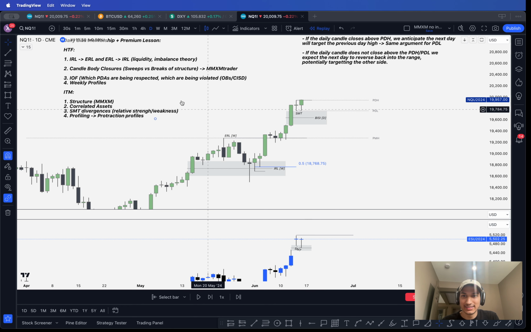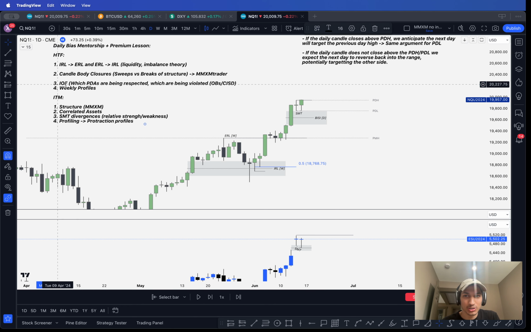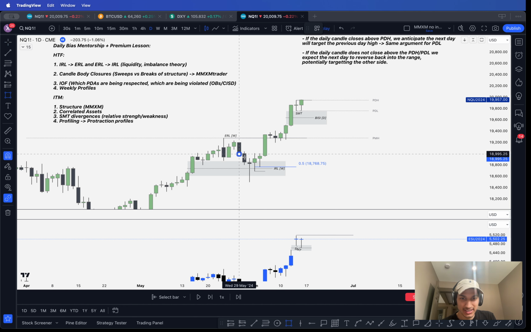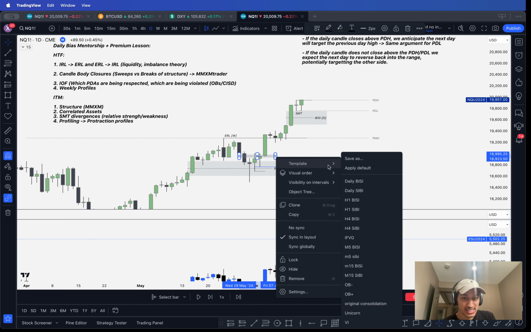There's also the idea now of this third higher time frame daily bias tool, which is institutional order flow. Which PD arrays are being respected? As you can see, we have this inversion. We have this SIBI in the market, this daily SIBI.